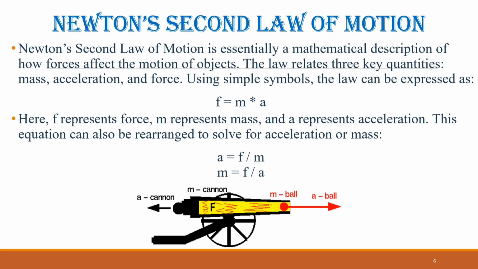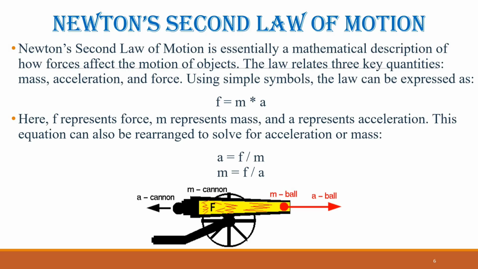Mass of the cannon multiplied by acceleration of the cannon equals mass of the cannonball multiplied by acceleration of the cannonball. This equation shows that the acceleration of an object is inversely proportional to its mass when the same force is applied. In other words, the cannon, having a large mass, experiences only a small acceleration. The cannonball, having a much smaller mass, experiences a much larger acceleration, allowing it to fly rapidly toward its target.